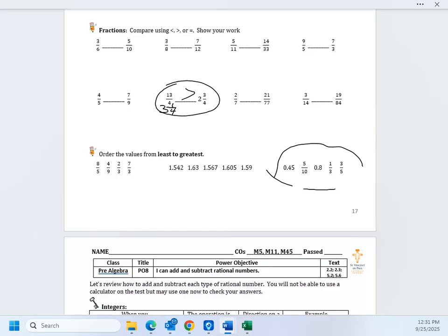If you finish with it, check to make sure your Khan Academy is done. Work on your math packet. Okay, we've got lots of math to do. Work on practice works for retakes for tomorrow. If you get practice works done, you can turn them into my blue tray for me to start correcting. All right, so lots of math for us to do.